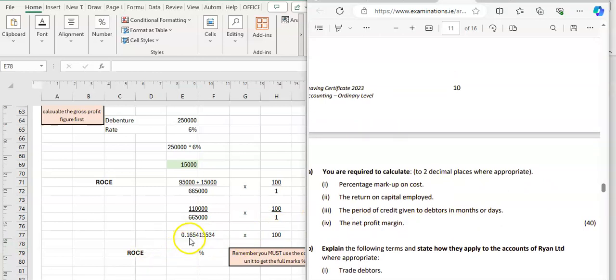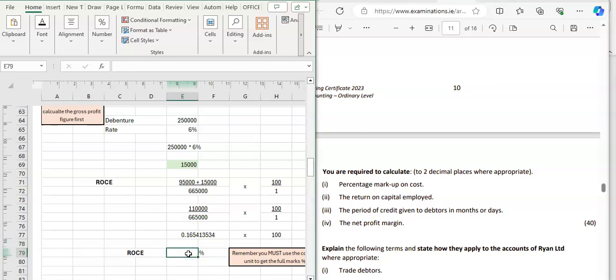So for this one, because it's going to be 16%, two places of decimal is going to be 0.54. The next figure is a 1, so we're going to leave it the way it is. We're not going to round up. So if we multiply this by 100, that gives us 16.54.